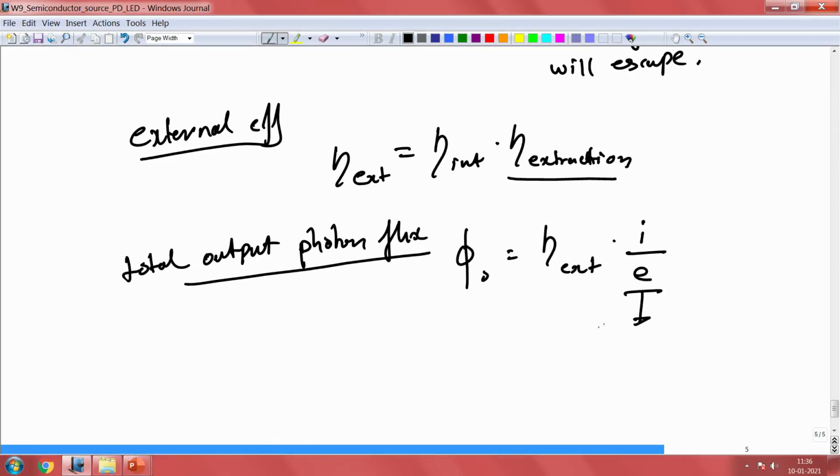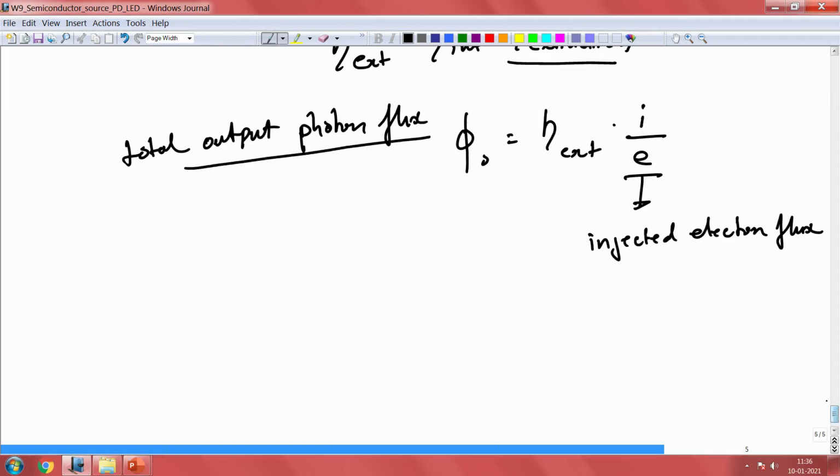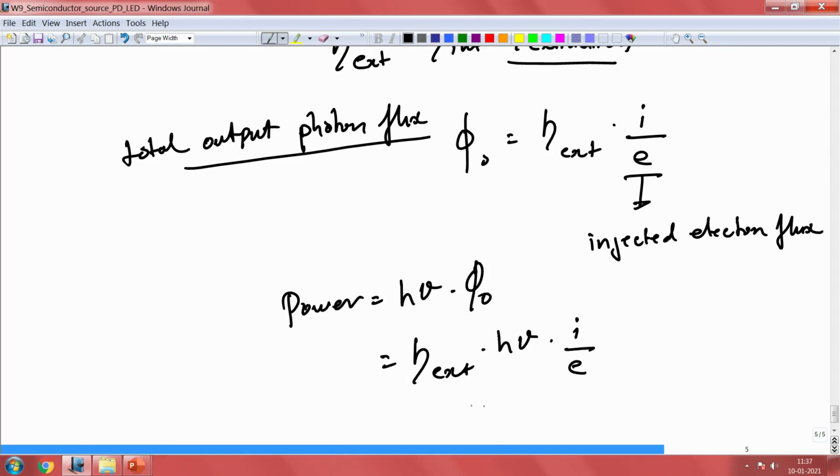What we have here is the injected electron flux. So, this will give us how much flux we can get out, but then the output power is given as h nu times phi naught, or in other words external efficiency times h nu times I over e. So, this is our output power.